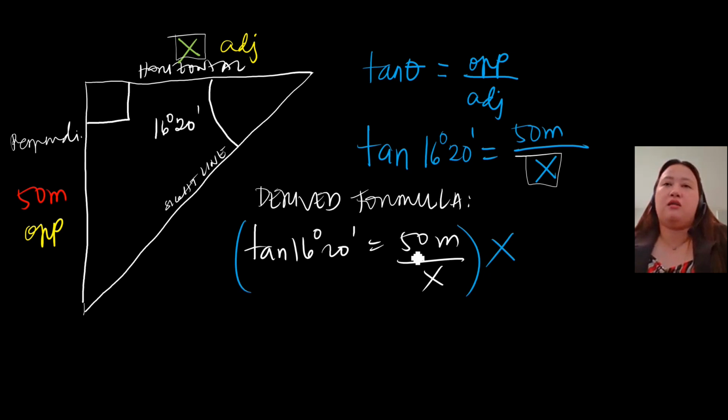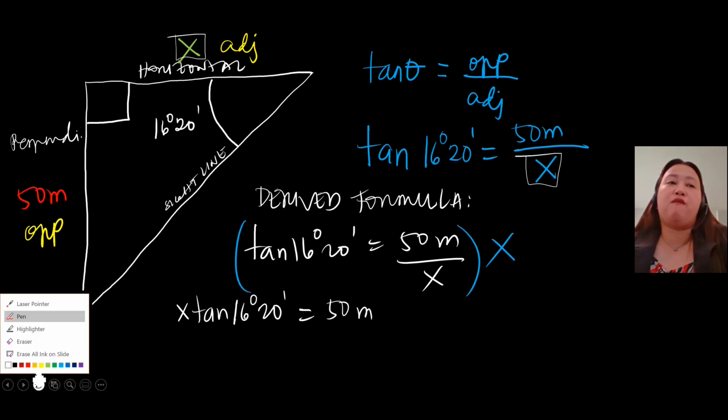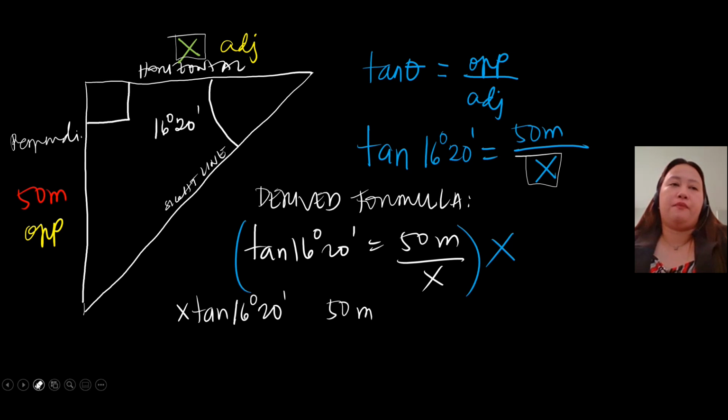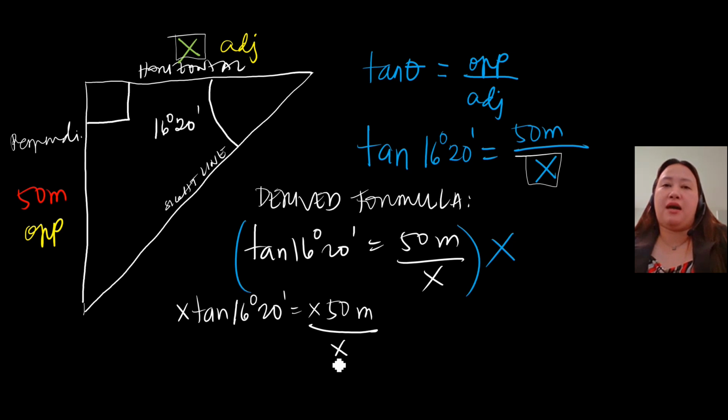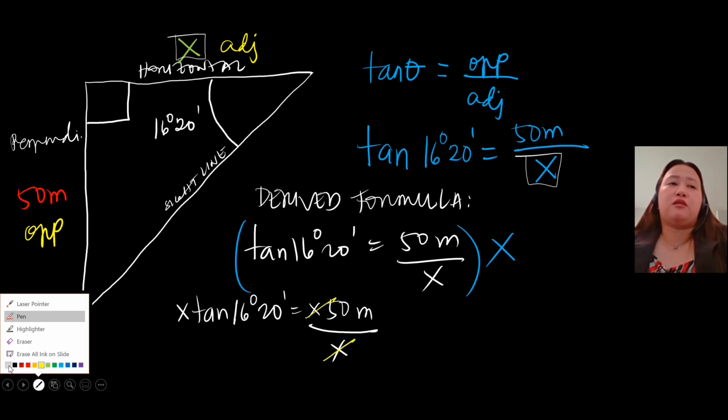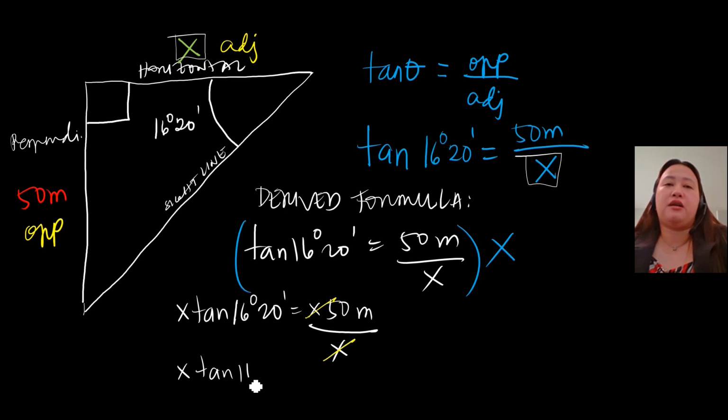In multiplying, x times tangent, we have x tangent, then write the angle 16 degrees and 20 minutes, and then equals x times 50, we have 50 m, that is x times 50 m divided by x. Now, you can already cancel the x on the right side. And then you just write x tangent 16 degrees, 20 minutes equals 50 meters.